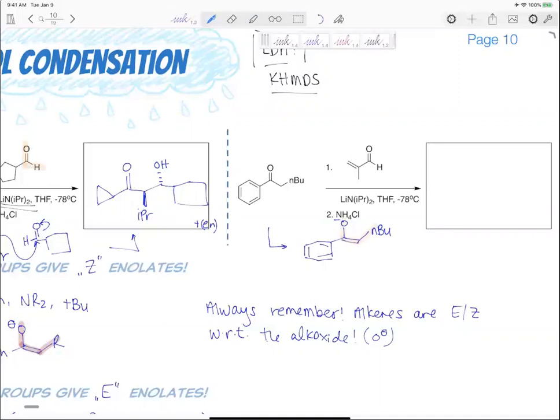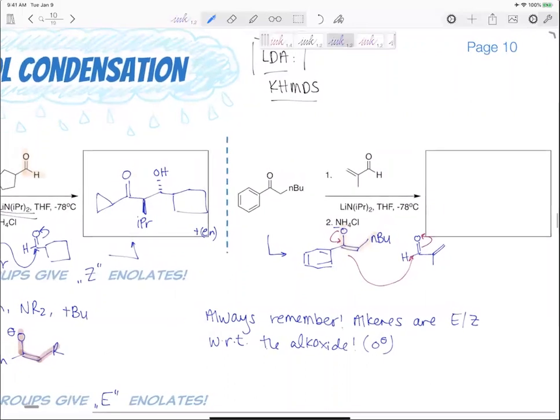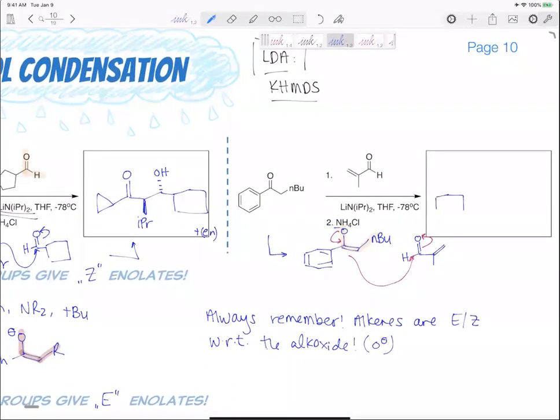Okay, then I'm going to take my aldehyde to form the alcohol. So when I draw my answer, it's going to be syn to each other, because it's a large group.